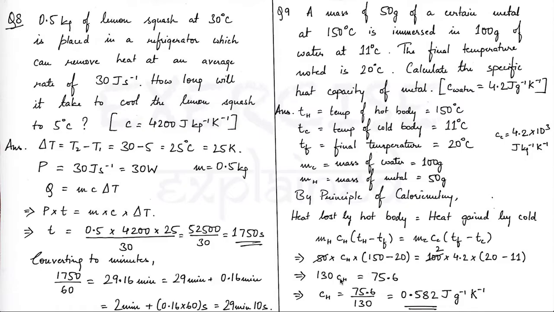So 130 Ch is equal to 75.6. So Ch will be equal to, 130 goes to the other side, the denominator, so that is 75.6 divided by 130. So I get it as 0.582 joules per gram per Kelvin.